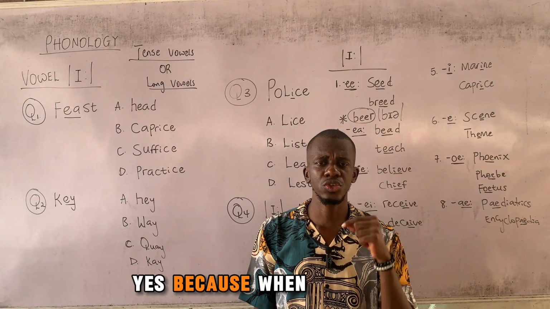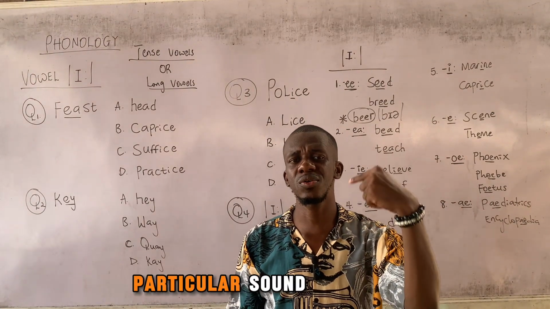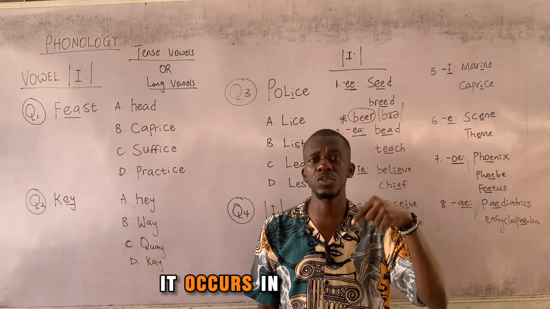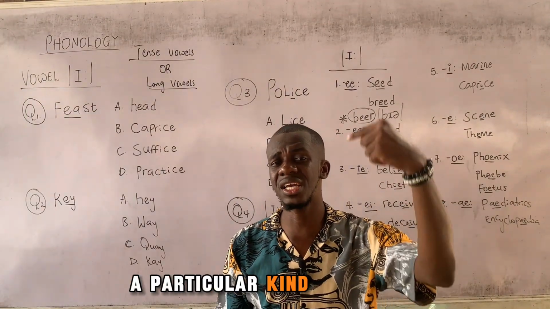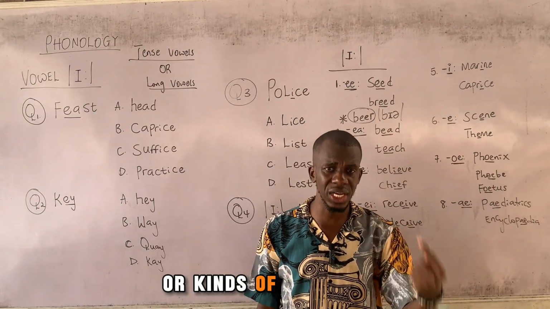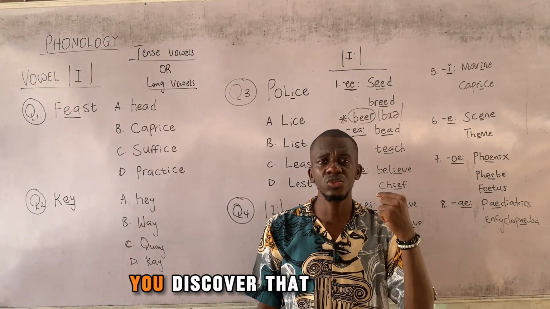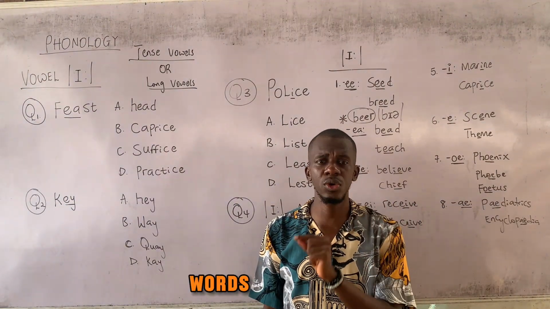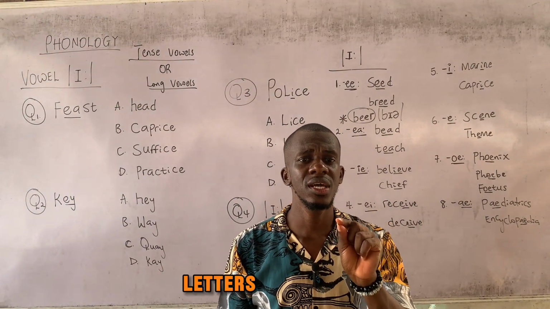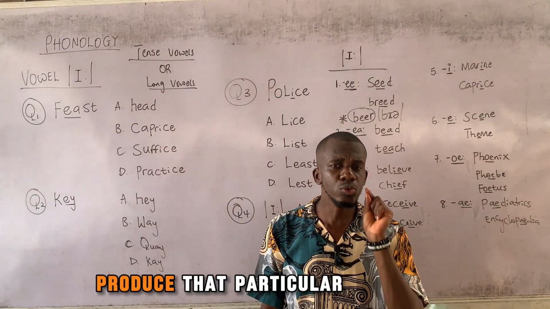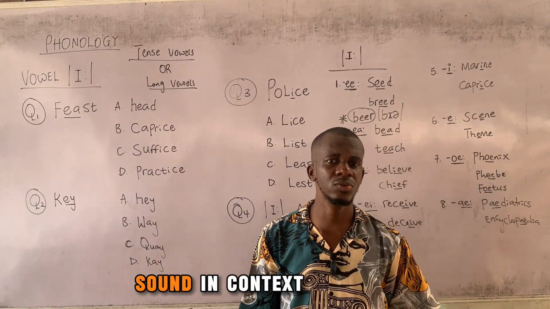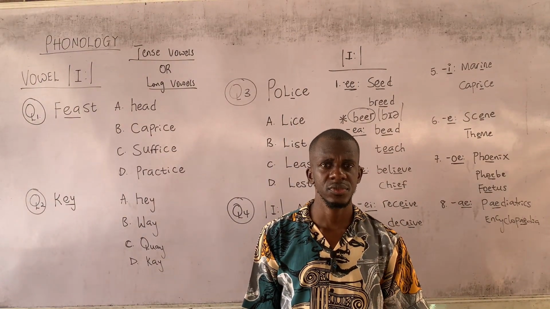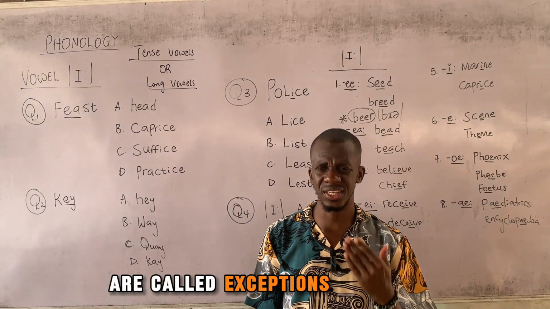Because when you teach a particular sound and you say it occurs in a particular kind of letter or kinds of letters, you discover that there are other words that possess those letters but do not produce that particular sound in context. So such words are called exceptions.